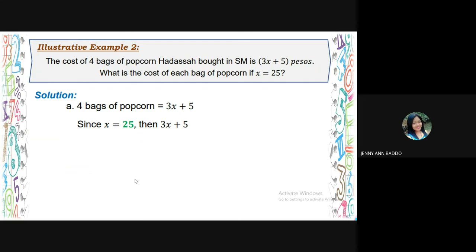Since x equals 25, we have to substitute x by 25. That's 3 times 25 plus 5. So we have 75 plus 5 is 80. That means 4 bags of popcorn cost 80 pesos.